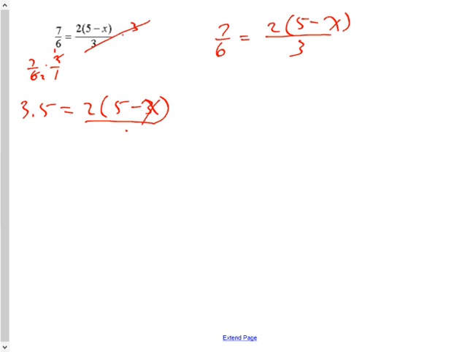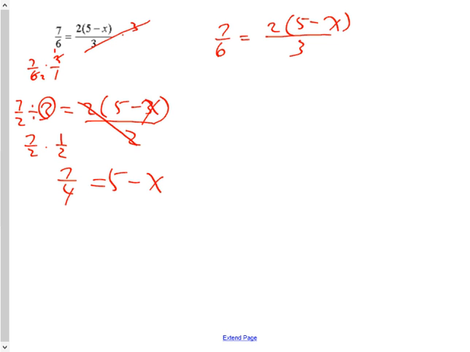Divide both sides by 2, and 5 minus x will equal, oh, actually, I'd have 3.5 there, don't I? Because it's fractions we're working with. 3.5, or 7 over 2 divided by 2, because I divided both sides by 2. That will be 7 over 2 multiplied by the reciprocal of 2, which is 7 over 4.